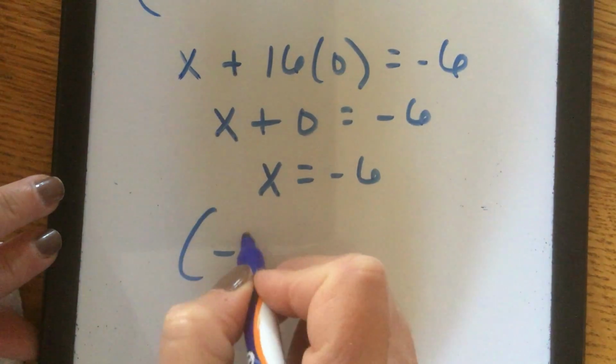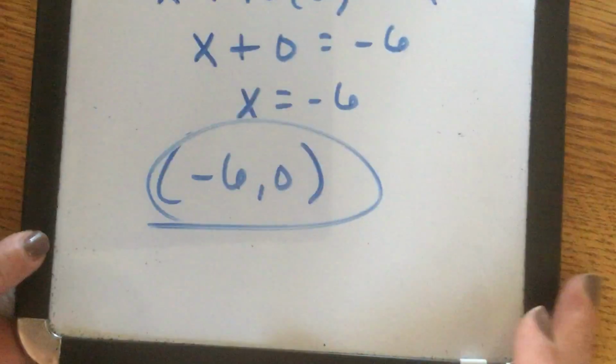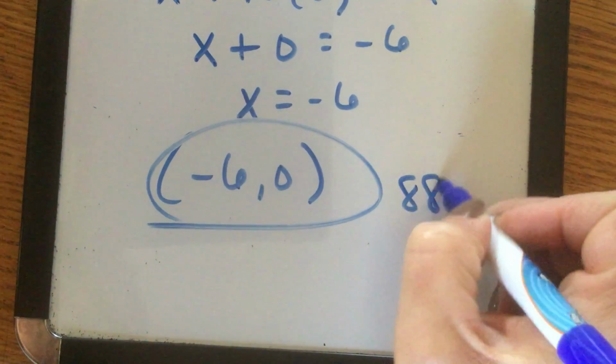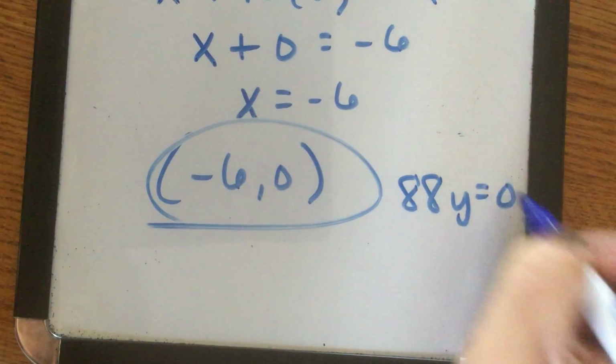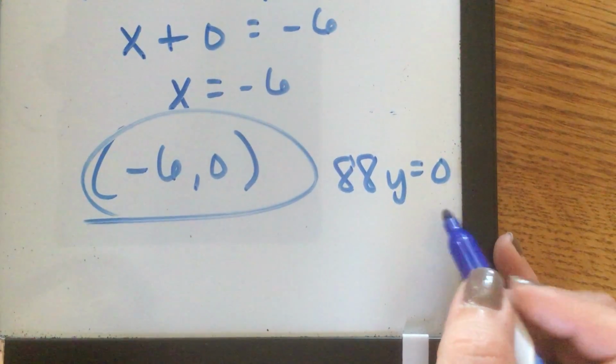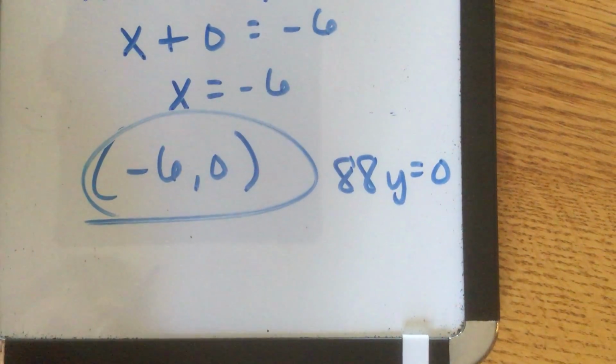So my answer is negative 6, 0. So you could have 0 as an answer. So what we had when we solved that was 88y equals 0. If you have something like that, you're going to get an answer. One of the numbers is going to be 0, which is not no solution and not infinite solutions.